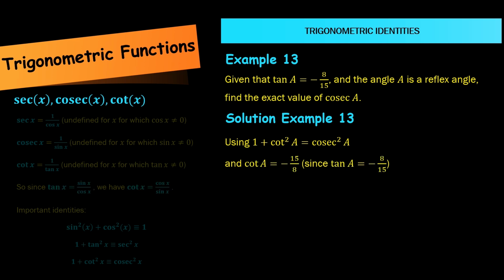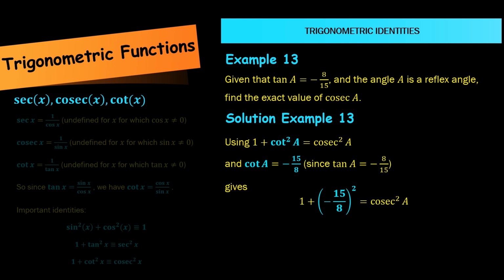And so if we plug this into our equation, as shown, we have that 1 plus minus 15 over 8 all squared is equal to cosec squared A.